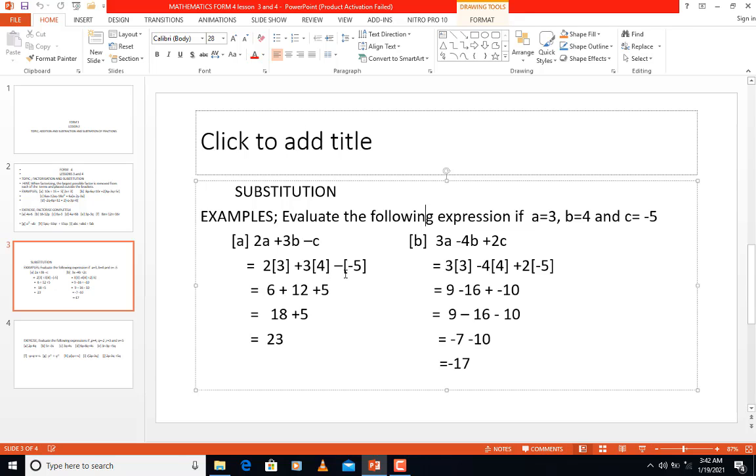You can easily revise and check whether you have made a mistake in substituting, or whether your answer is correct. But if you just multiply without introducing brackets and you make a mistake, it will be difficult to check whether your answer is correct or not. So let's develop a habit of introducing brackets whenever you are substituting.